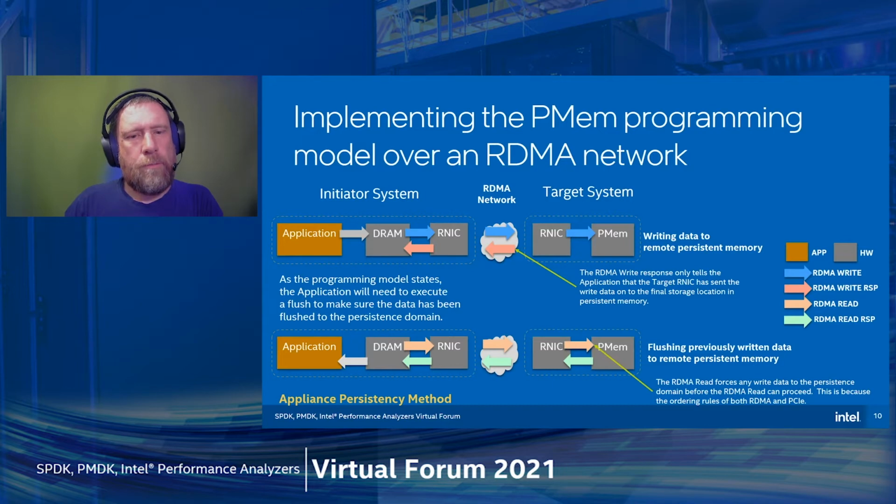We owe this behavior to the ordering rules of both the RDMA network and the PCI bus. We use the RDMA read because RDMA doesn't have a separate service dedicated to data flushing so far. But work is underway to develop a separate protocol service dedicated to this functionality.